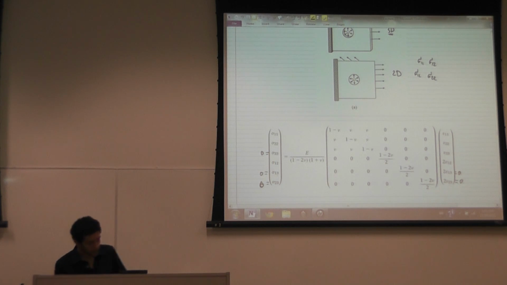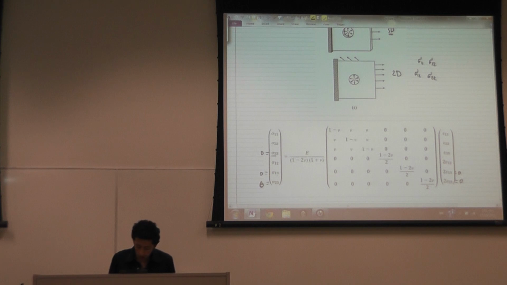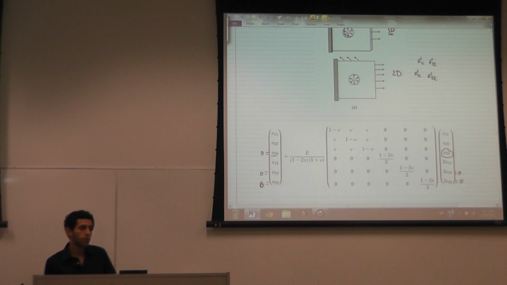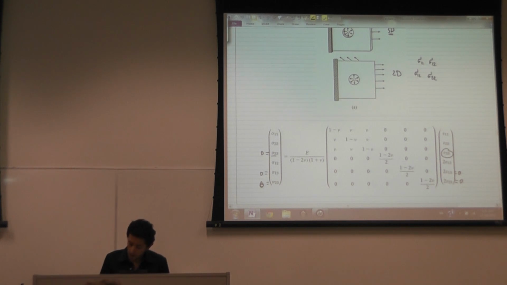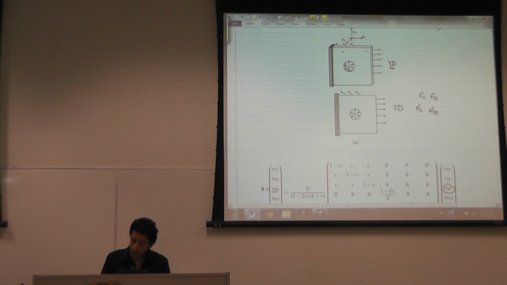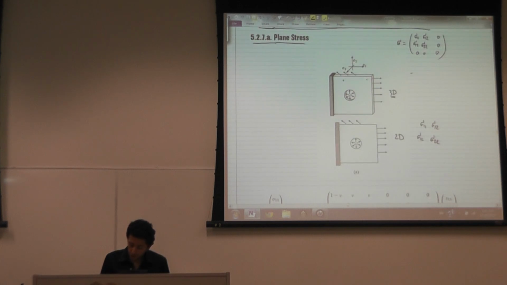Now, when sigma 3,3 is 0, what about epsilon 3,3? Is it 0 or not? In plane stress, I'm allowing the material to deform freely in the third direction, which means I have epsilon 1,1, epsilon 2,2, and I'm allowing the material to freely deform in the third direction.